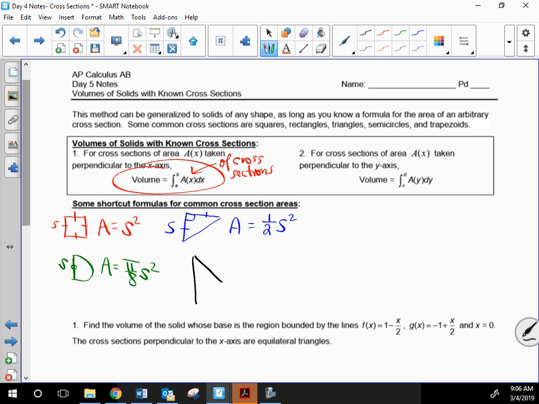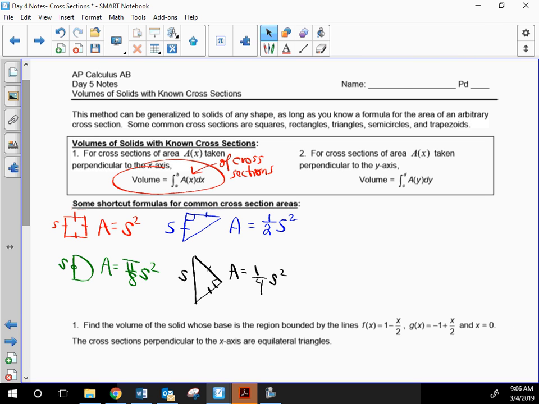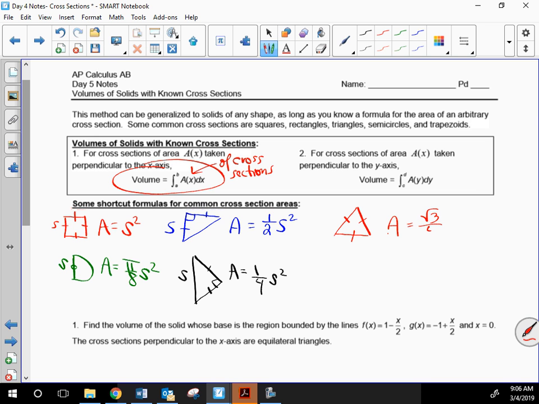When we have an isosceles triangle where our hypotenuse is the side, that was our weird one. Or not too weird, it was 1/4 side squared. And our last one that I made you go through and figure out was our equilateral triangle. So our area for this was √3/4 side squared.